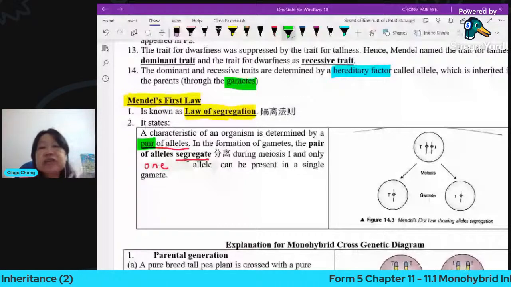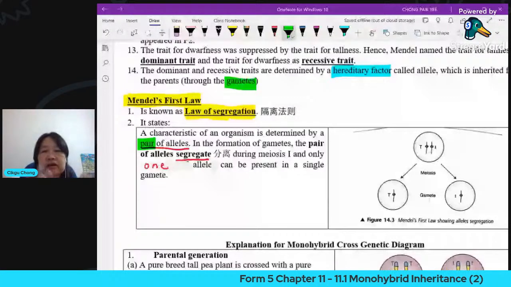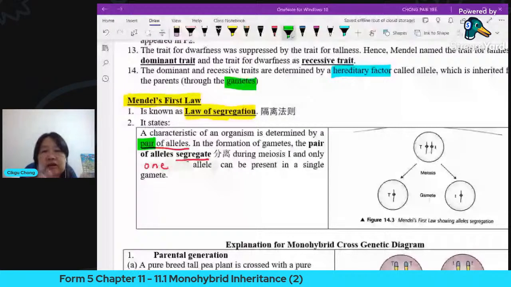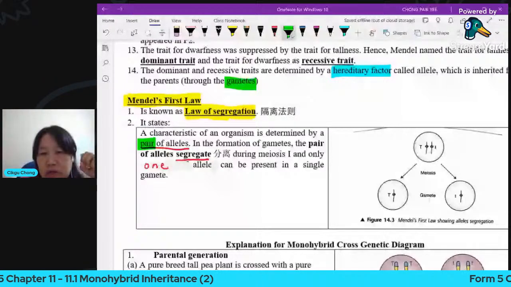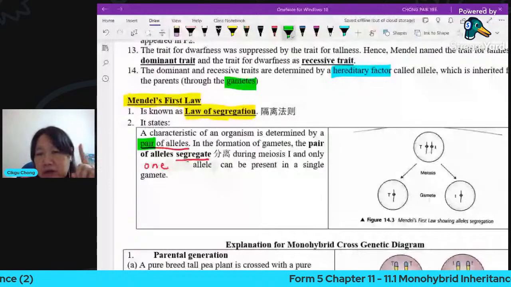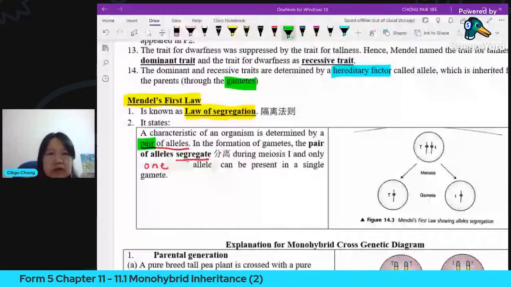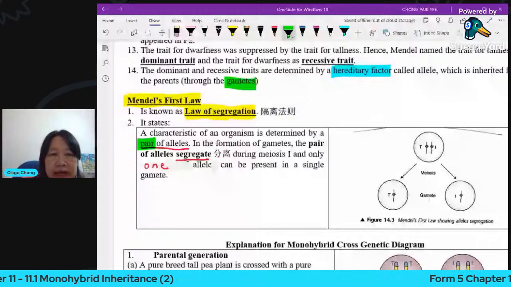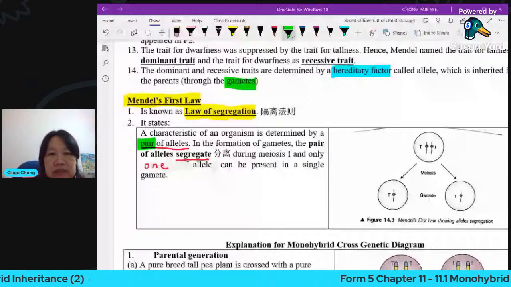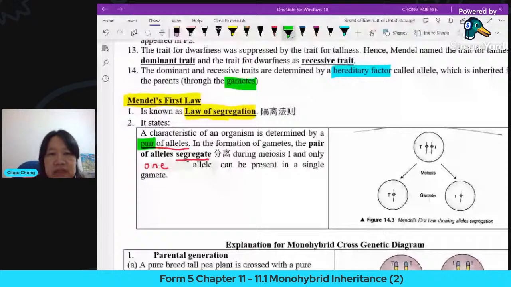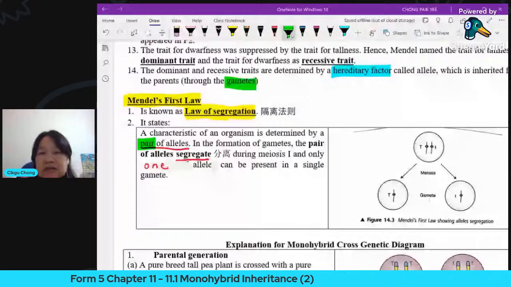That means one gamete can only carry 1 allele, whether it carries the tall, capital T or dominant, or recessive, doesn't matter. Only one allele can be present in a single gamete. That is the law of segregation. And from there, this is how he can explain why you always get 3 to 1.